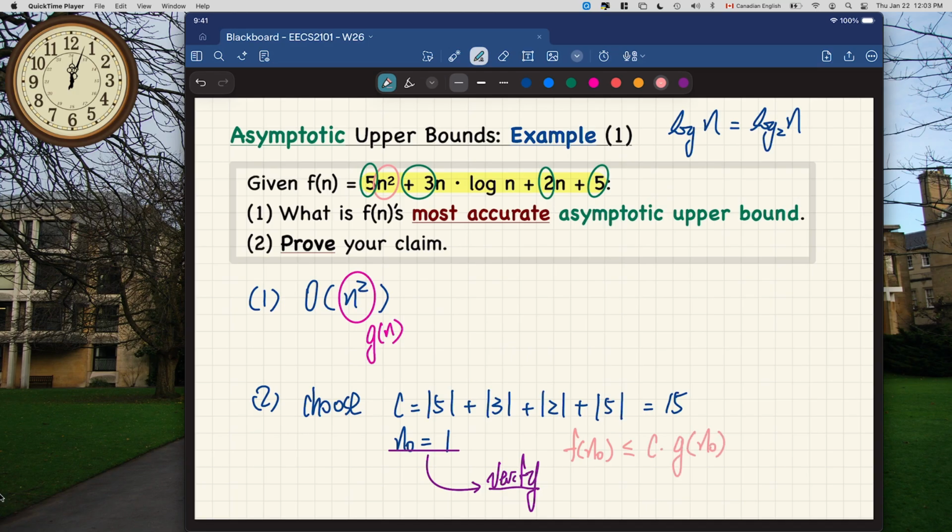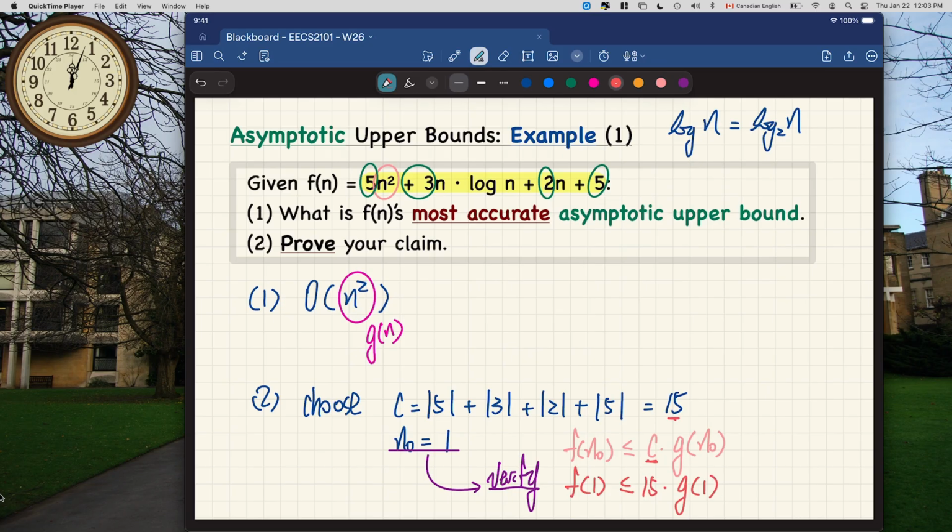In our case, it will be f of 1 less than or equal to 15 multiplied by g of 1, right?